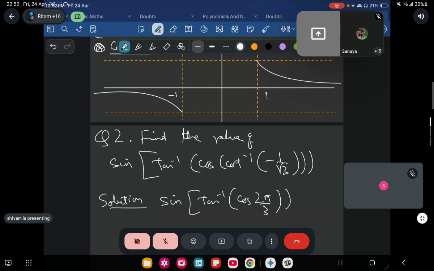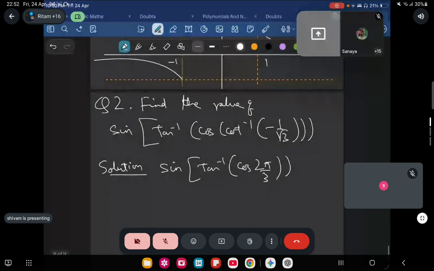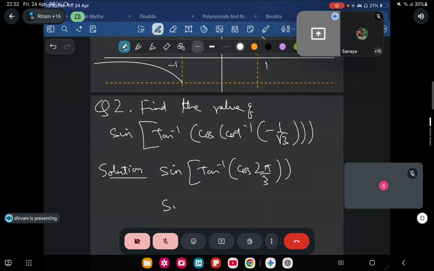So what is cos 2 pi by 3? Minus 1 by 2. So this will be sine of tan inverse minus 1 by 2.